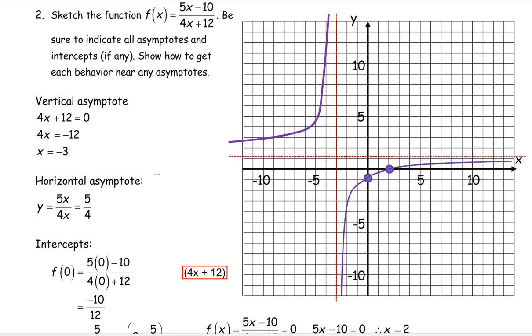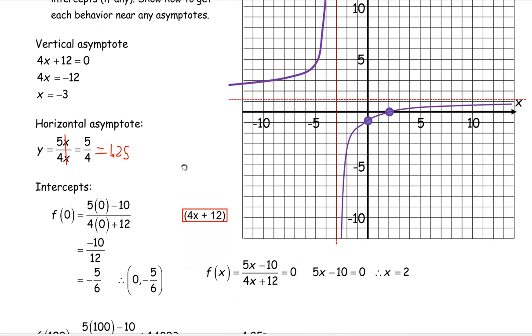And those x's divide out, so we just get 5 over 4, which of course is 1.25. And that's going to be an important number to remember a little later on in the question. So that's the horizontal asymptote at y equals 1.25, a little bit above y equals 1.